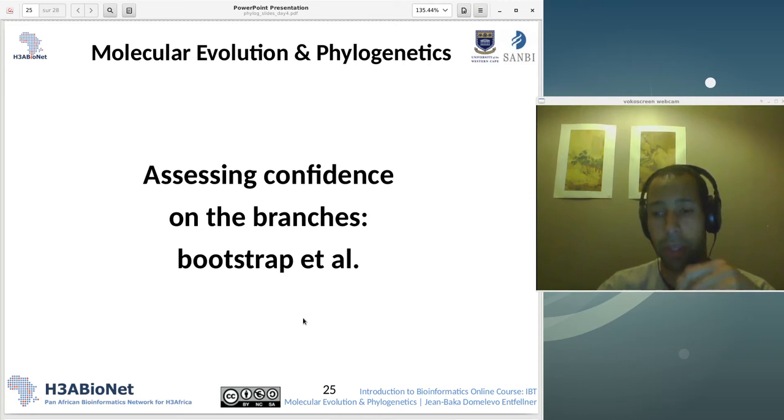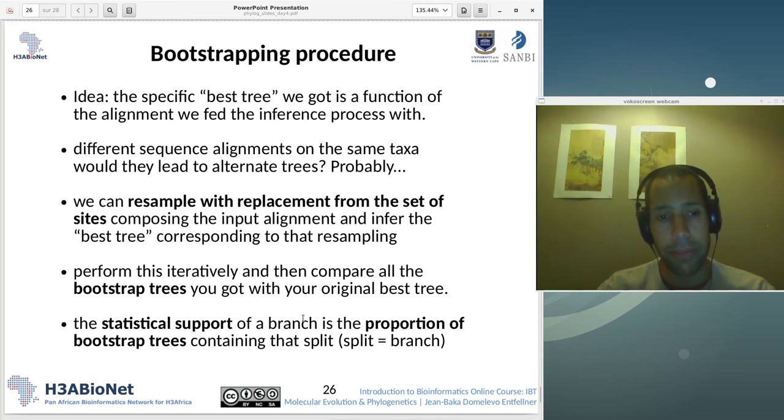For instance, you want to know with what certainty can we say that the man is more evolutionarily distant to the mouse than the mouse is to the rat, and this will be a high probability, of course. But let's see. So we have the specific best tree we got.